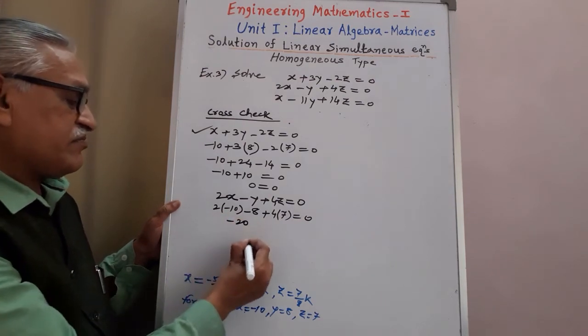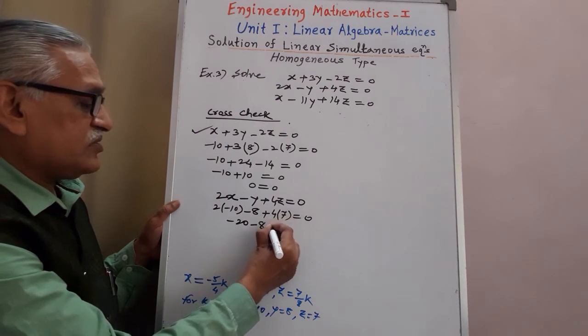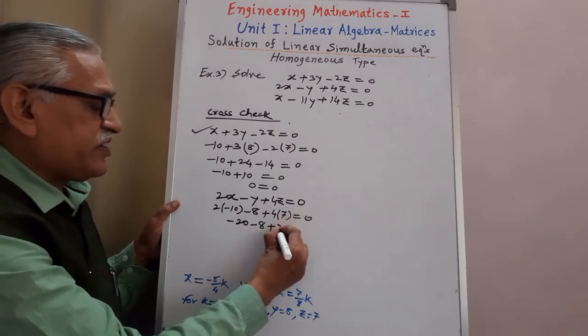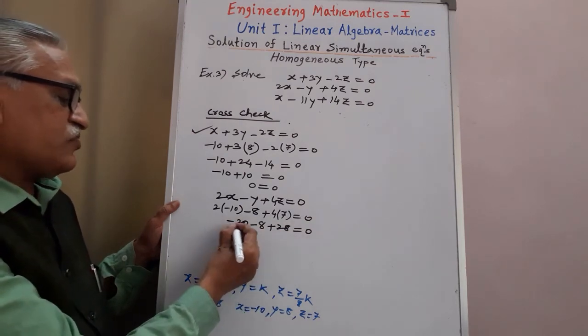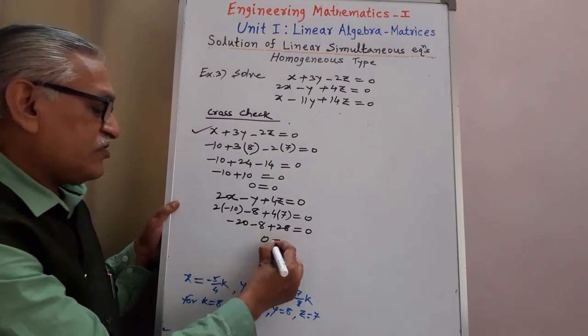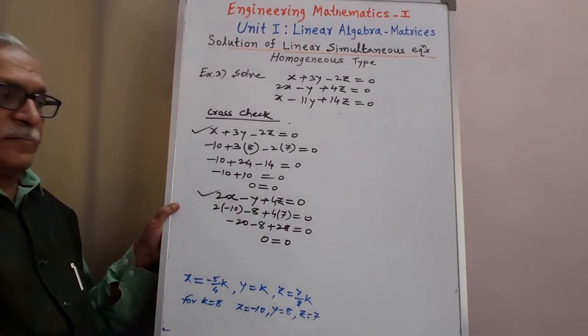Minus 20 minus 8, 7 4s are 28. Minus 28 plus 28 we get 0 is equals to 0. Second equation is also satisfied.